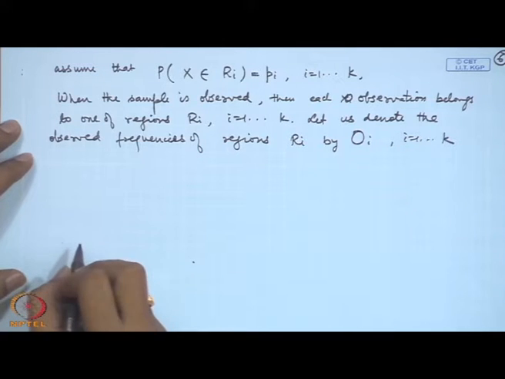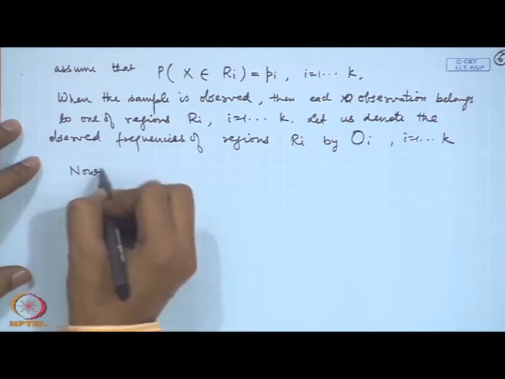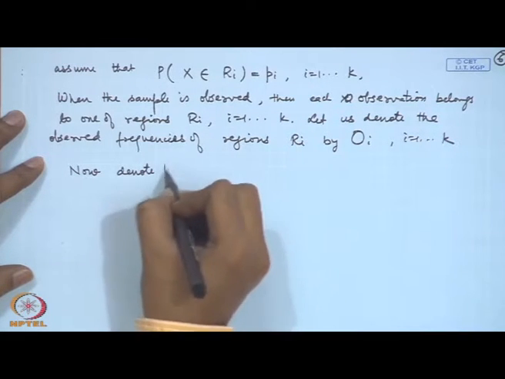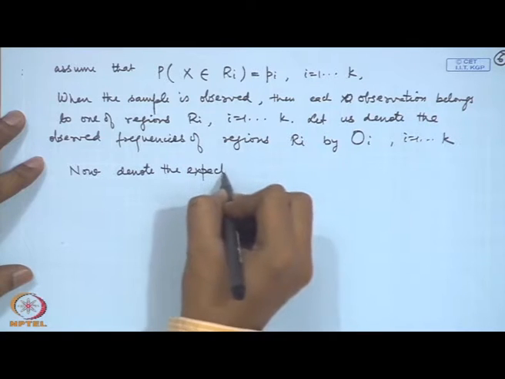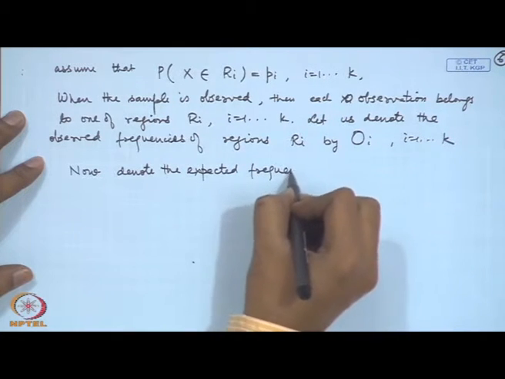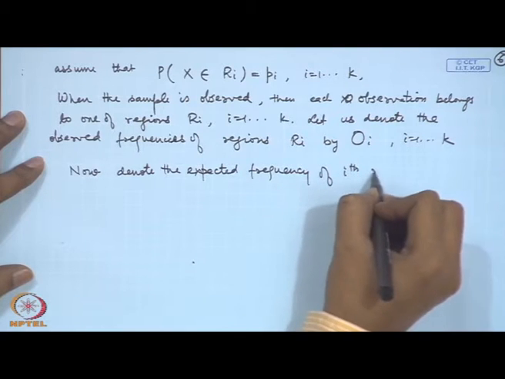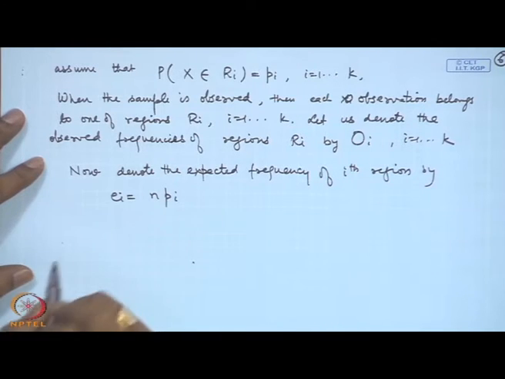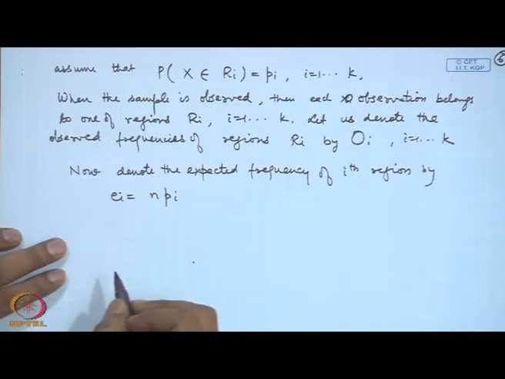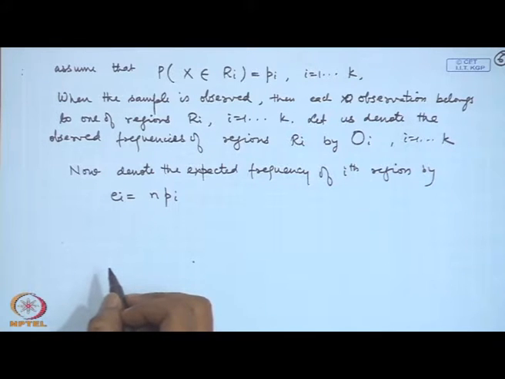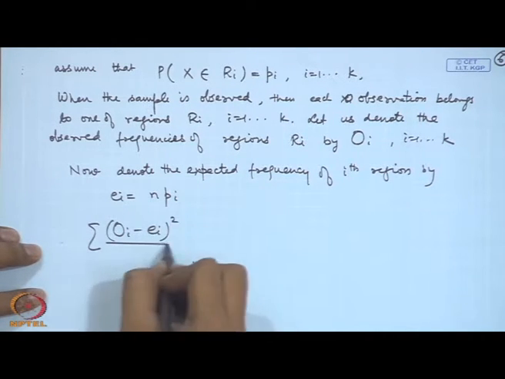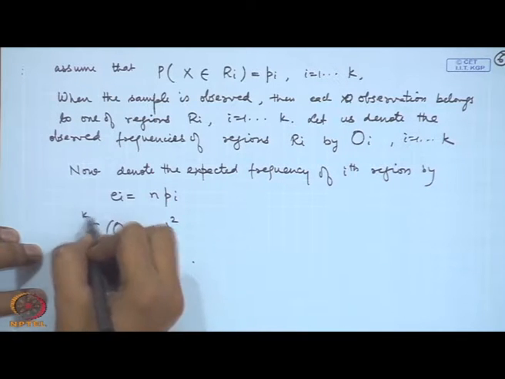So, now we consider, suppose n observations are there, we denote the expected frequency of the ith region by E i, that is equal to n times p i. So, what we do, we construct sigma O i minus E i square by E i, i is equal to 1 to k.